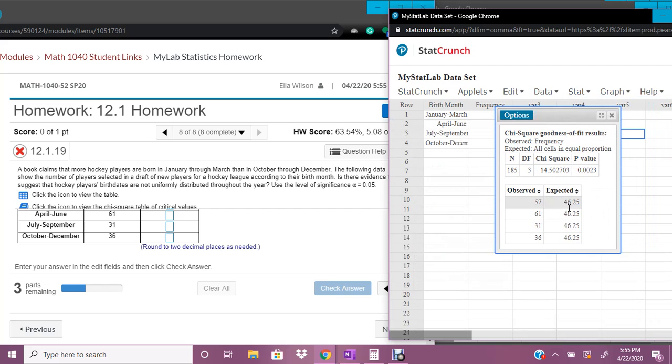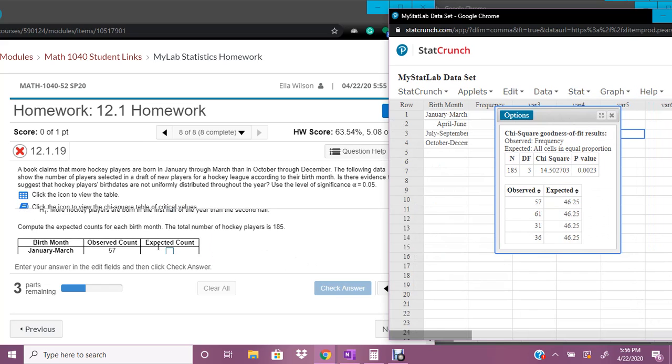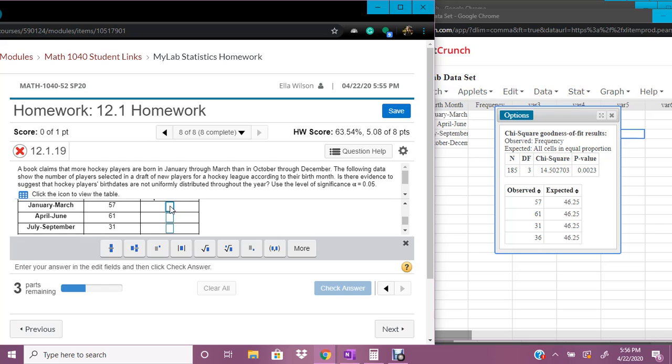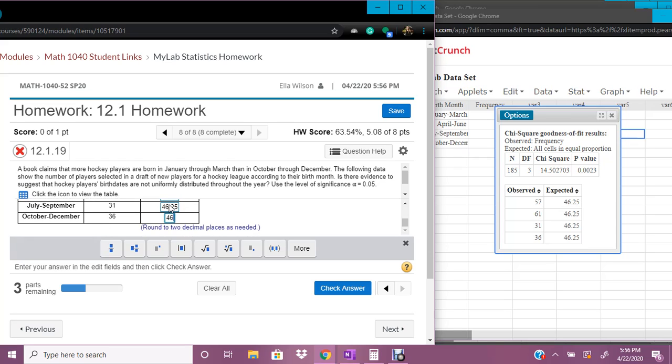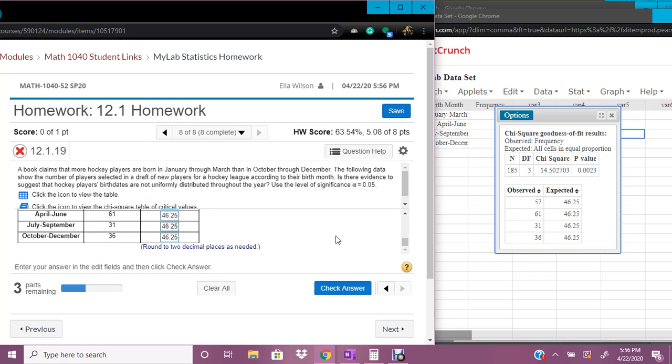So this expected should be the same number, just like it is, because our null is that they're all the same. Oh, that one didn't get a decimal.